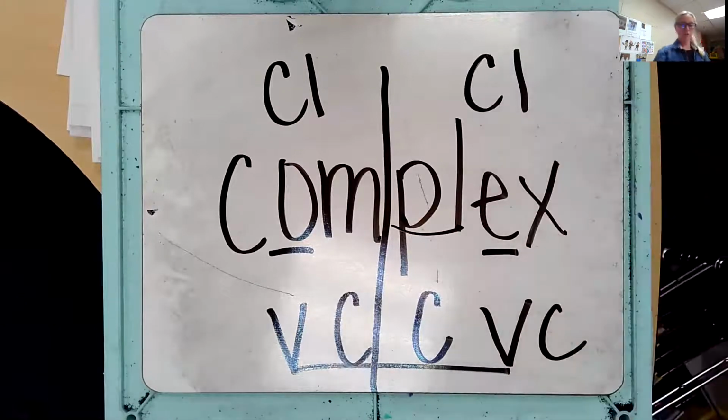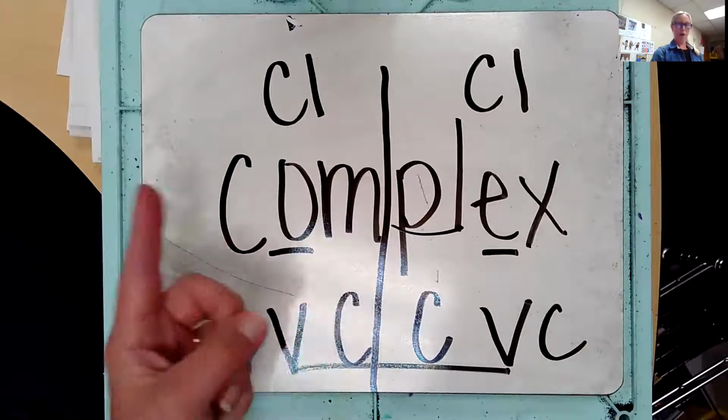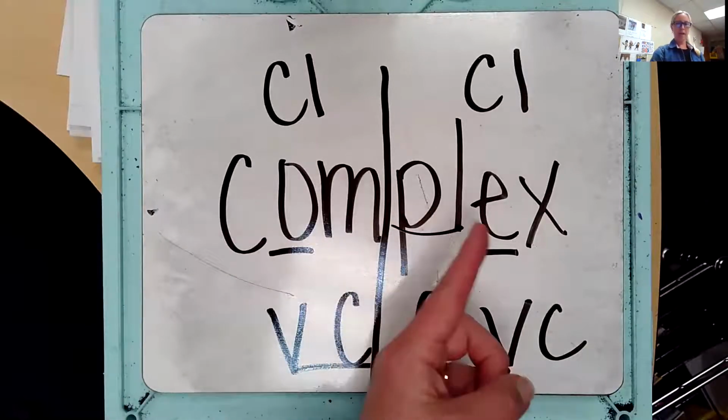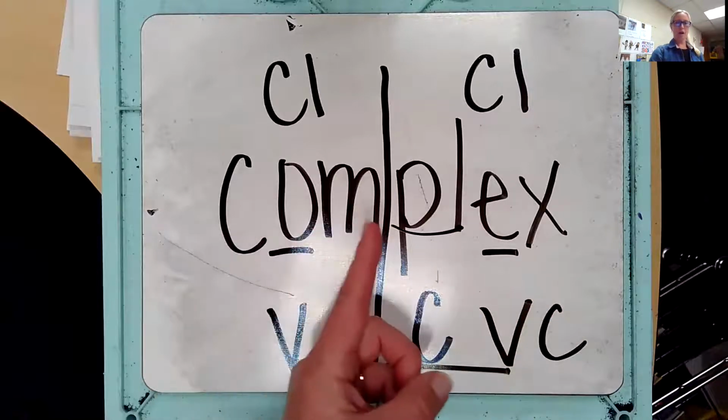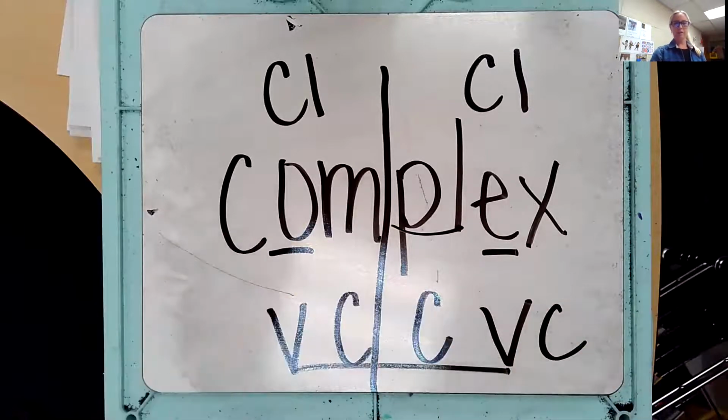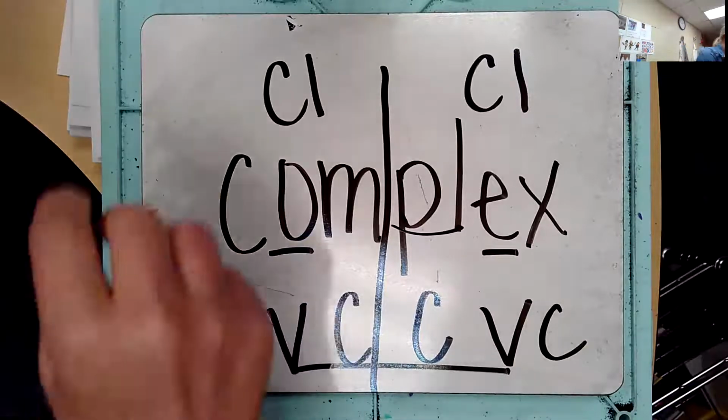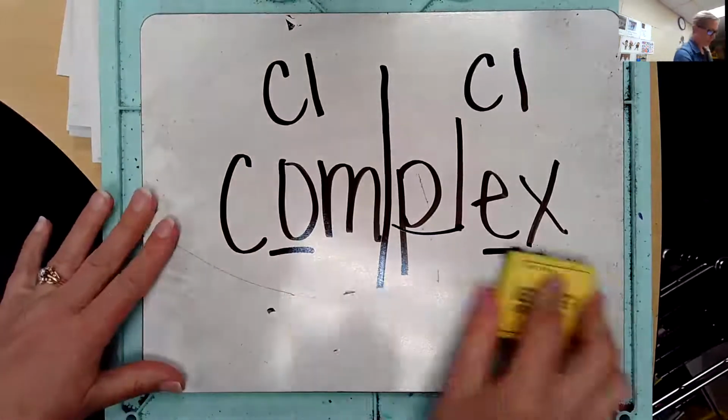Closed syllable, short vowel sound. Here we go. Com, plex, complex, meaning not simple. It's very complex to figure out all of these words. All right, let's go ahead and erase the board.